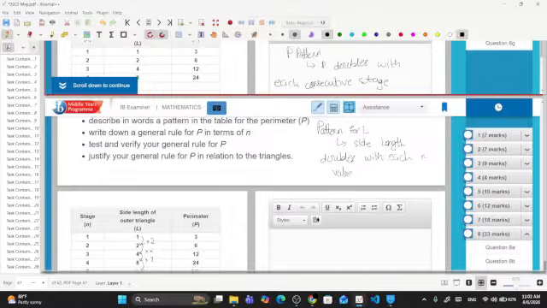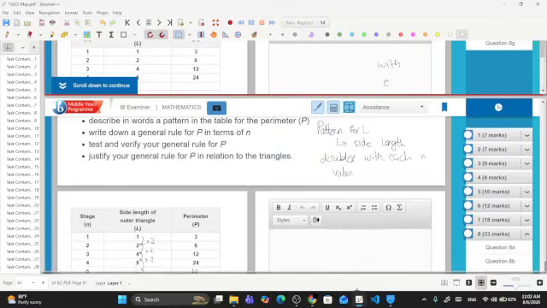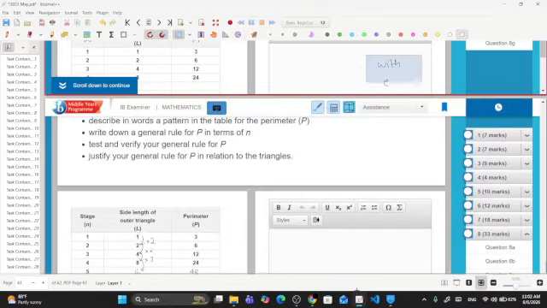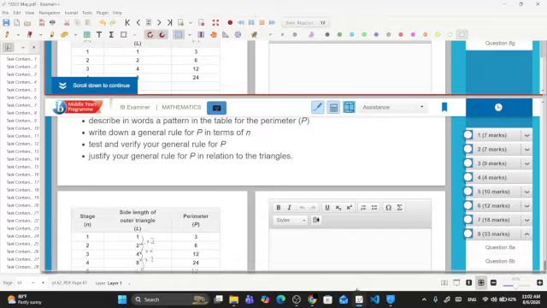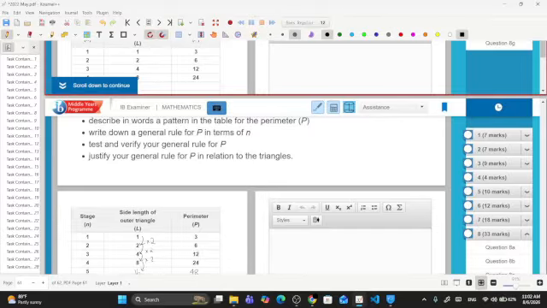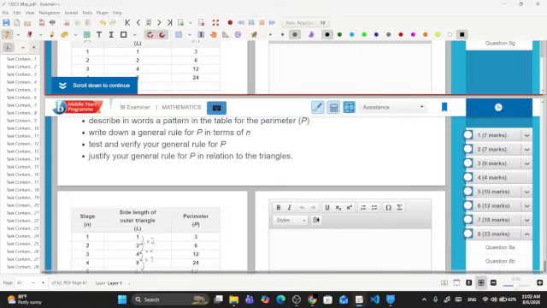Now, we are being told, write down your general rule for P in terms of n. Let me just erase this. In order to write a general rule, we must know that it's a geometric progression.